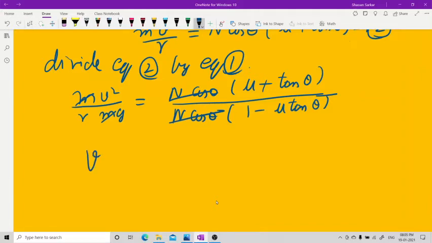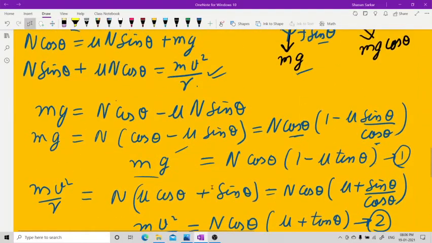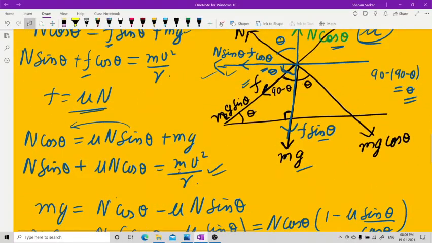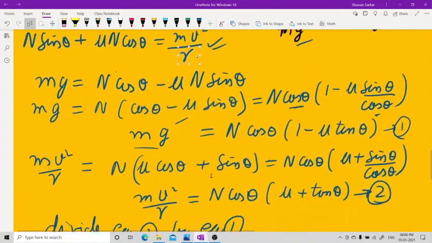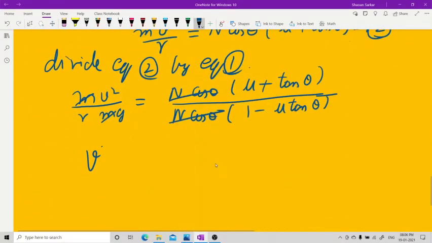See, this component should be more so that there is no slipping. If I just have to find the banking angle, I don't have to consider maximum speed and all that. You can leave that.